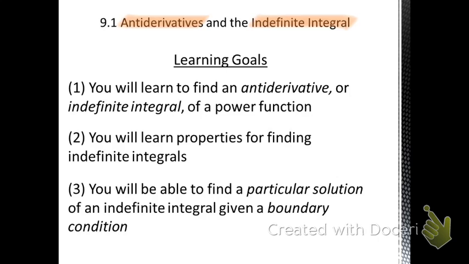And in the third video from this section, you're going to learn how to find a particular solution. That means something specific when I say particular solution. You're going to learn how to find a particular solution of an indefinite integral if you're given what's called a boundary condition. Okay, so let's move on and see how you find out what an antiderivative is.